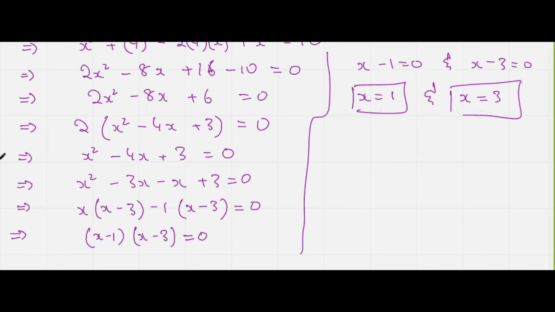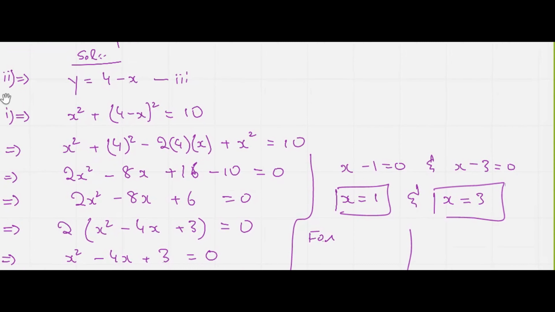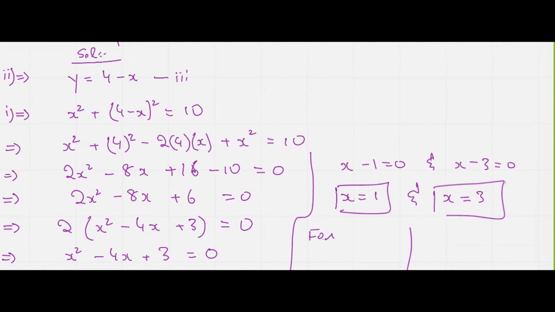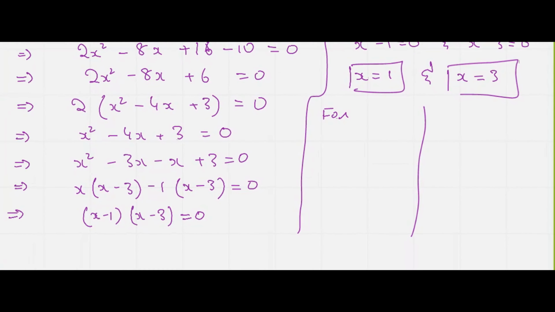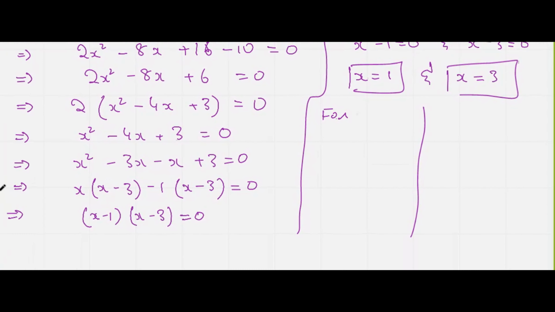Now we are going to substitute these two values of x one by one in our equation number 3 that we formed here, this one, and that way we are going to get the corresponding y coordinate or y variable value. Okay, so my third equation was y equals to 4 minus x, so it is 4 minus 1, so it is 3.